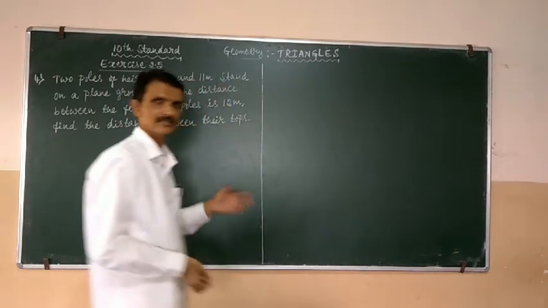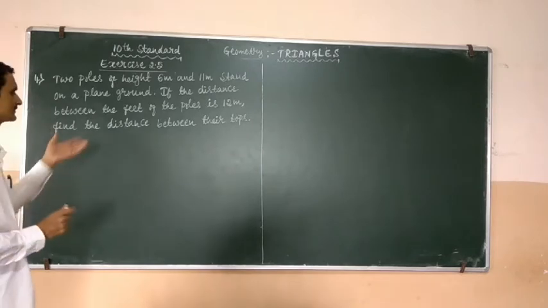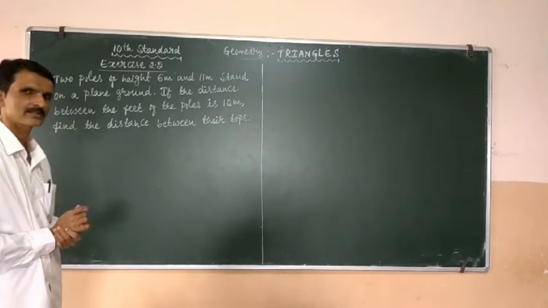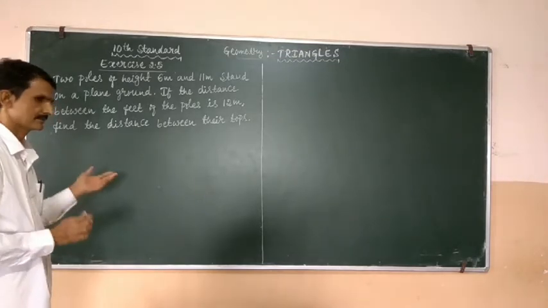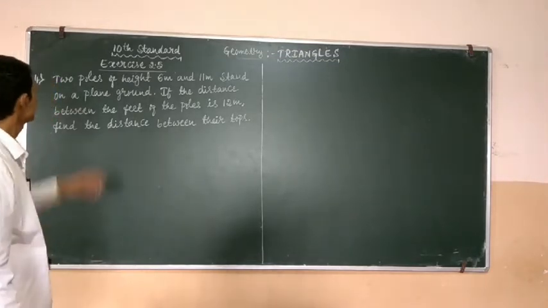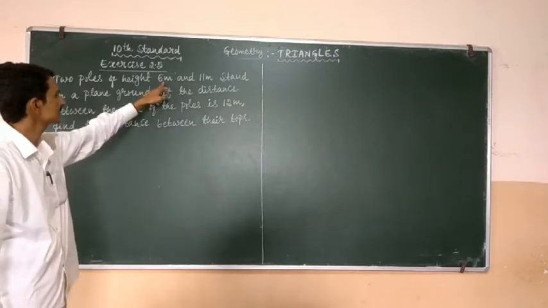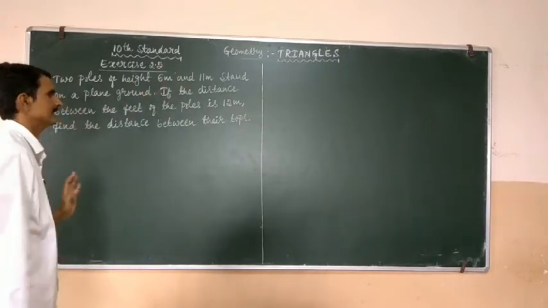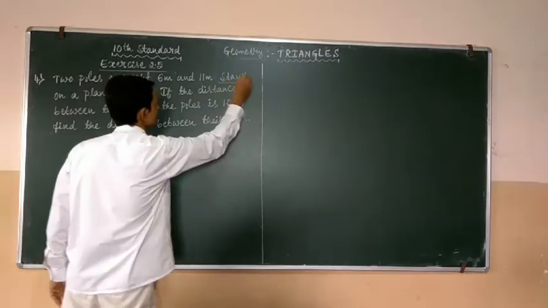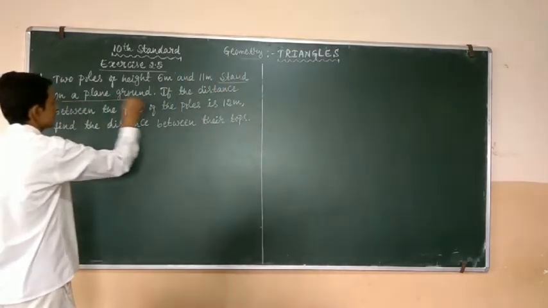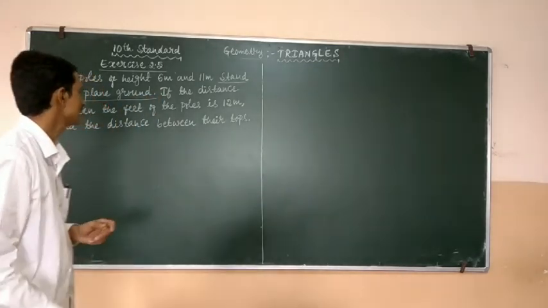Students, now we shall understand the problem and write down the data by drawing a diagram. There are two poles, one of height 6 meter and another of 11 meter. They are standing on the plain ground.